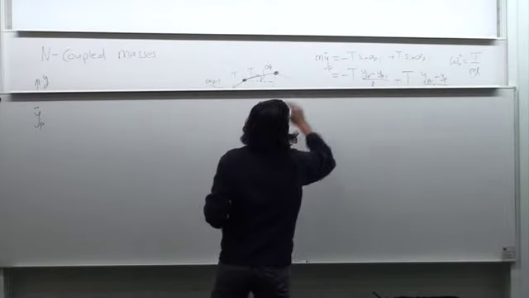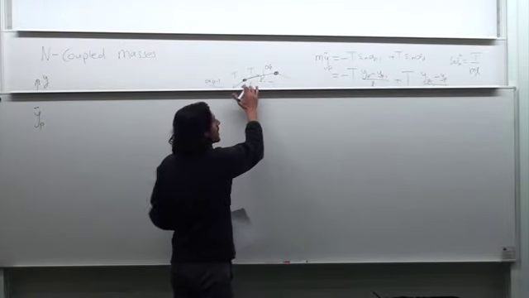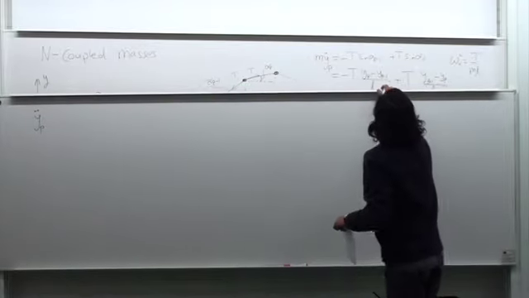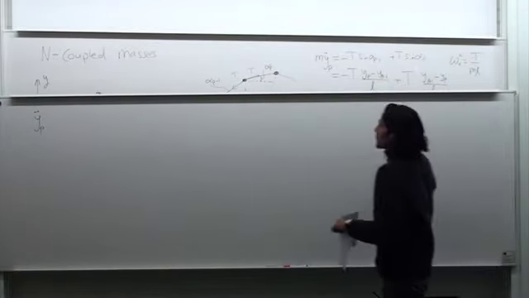I divide by the mass, I get T over mL, and that is omega 0 squared.